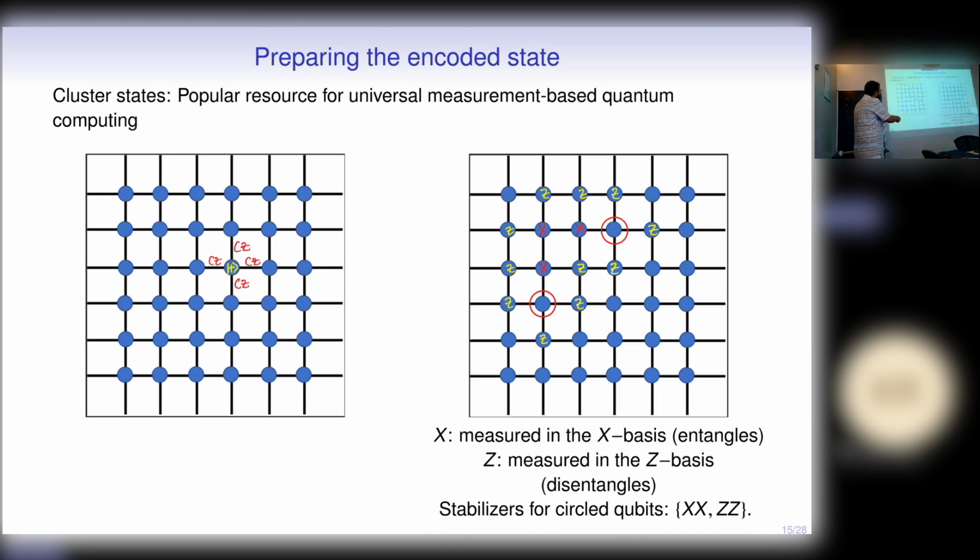Now, once you've constructed the state, you can do single qubit measurements and project qubits onto the +1 eigenstate of the stabilizers.